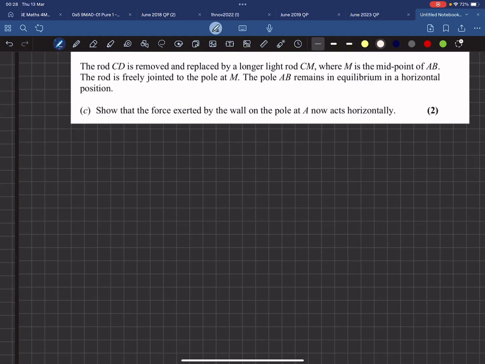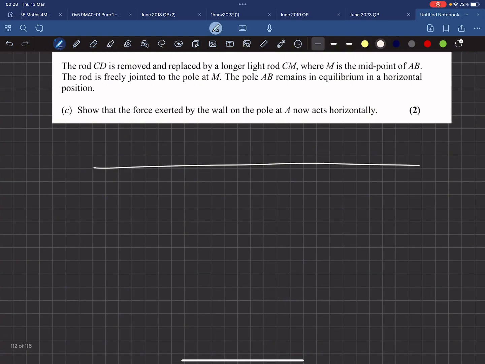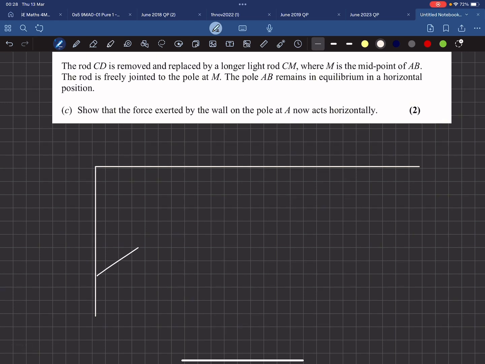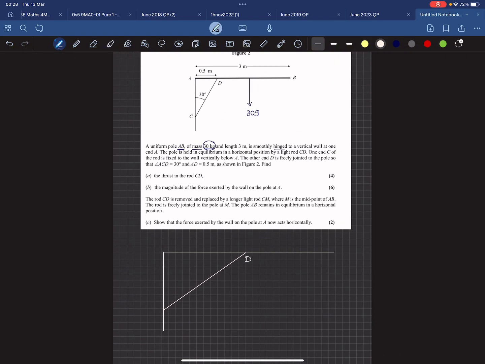So what I'm going to do first is I'm going to redraw the diagram so that I can mark all the forces. So in here, I'm just going to draw that. That's D, and that's B, the 30 kilogram. I'm going to mark that, 30G. That's the weight. It's a uniform rod, so this side is 1.5, that side is 1.5.